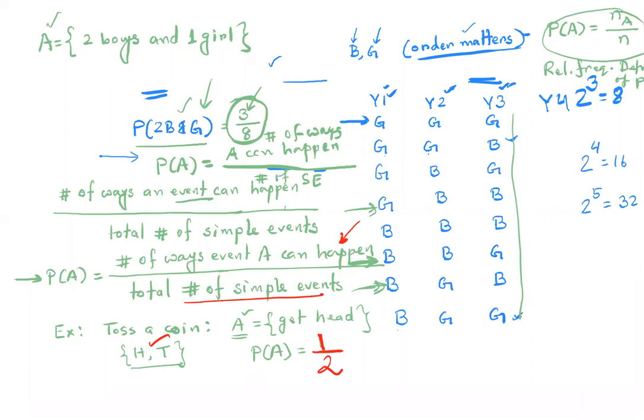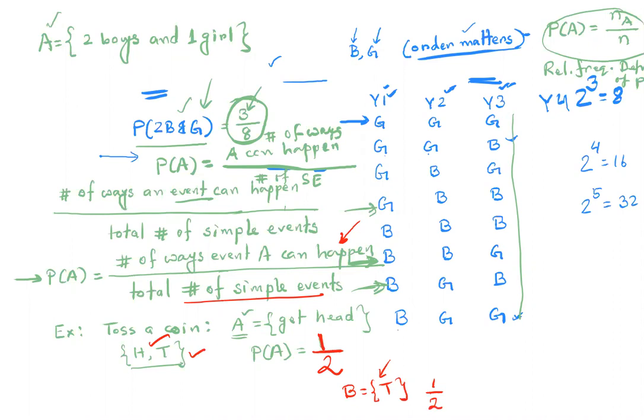That's another way of deriving probability associated with an event. In exactly the same way, if my event is B, which is getting a tail, how many different ways can event B happen? Just one way. How many total simple events? 2. So probability of event B is going to be 1/2 as well.